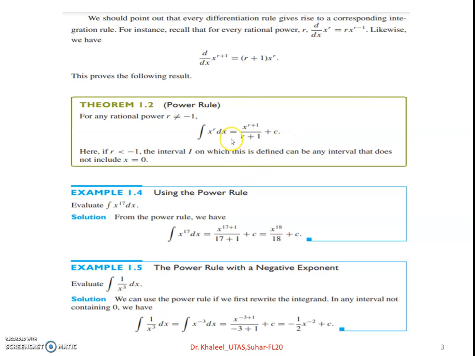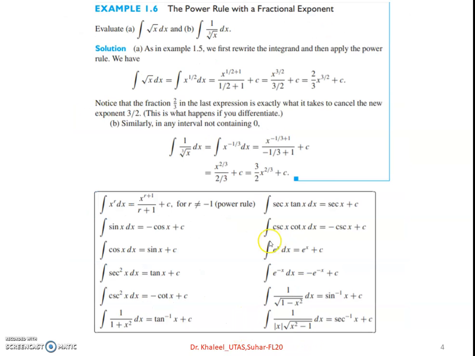Let's use this power rule in example 1.4. R is 17, so 17 plus 1, answer. Here x to the power 3 is in the denominator, so first we need to bring it up. It becomes minus 3, then r is minus 3, so minus 3 plus 1, we have the answer.